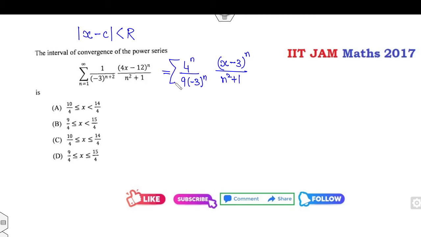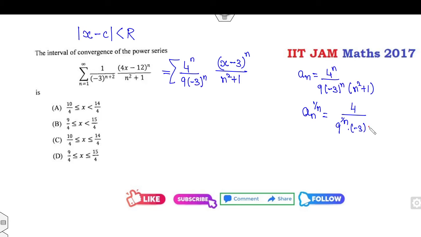Fine. There are two methods by which you can find the interval of convergence. First way is you can consider a_n as 4 raised to power n, 9 minus 3 raised to power n, over n square plus 1. Fine. And find the radius of convergence. I can find |a_n| raised to power 1 over n. It is 4, it is 9 raised to power 1 over n minus 3.